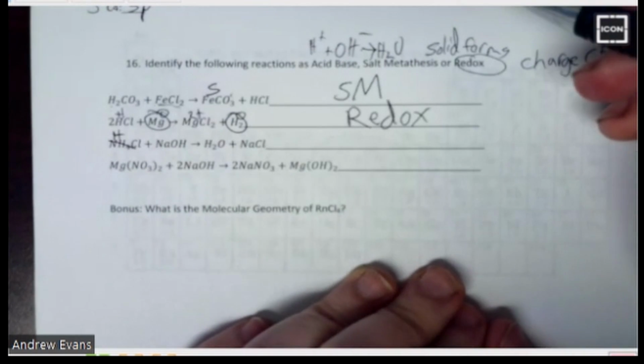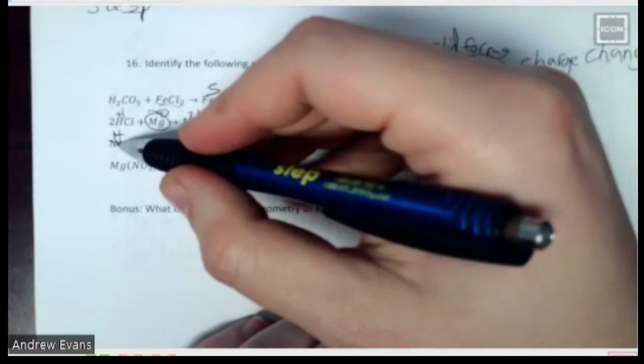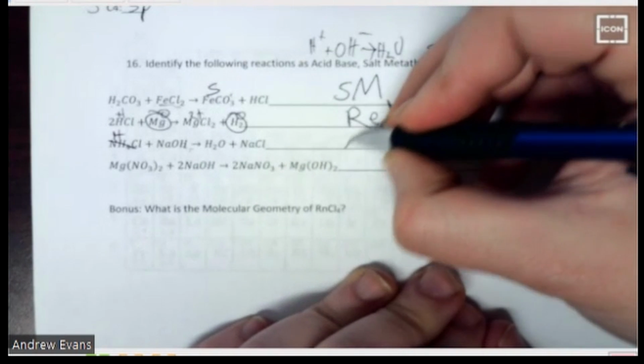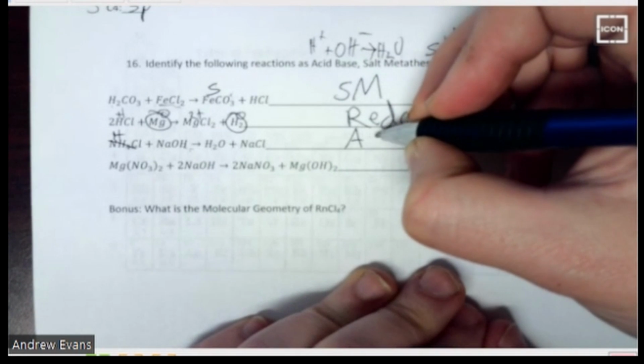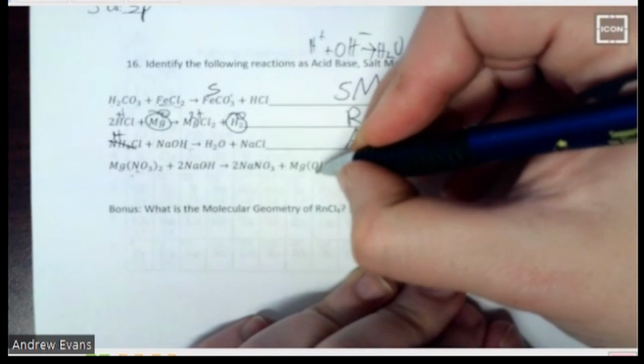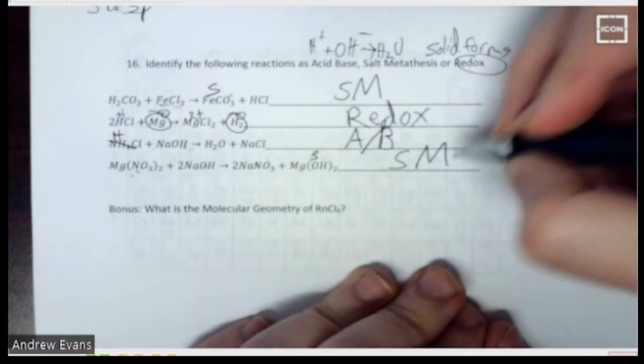Look for the pure elements. HCl plus NaOH, that is the only acid base. And this guy, MgOH, this is a base, but this is not an acid. This is a solid right here. So this is a salt metathesis.